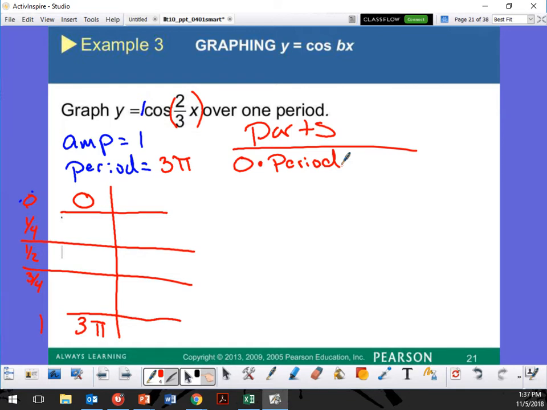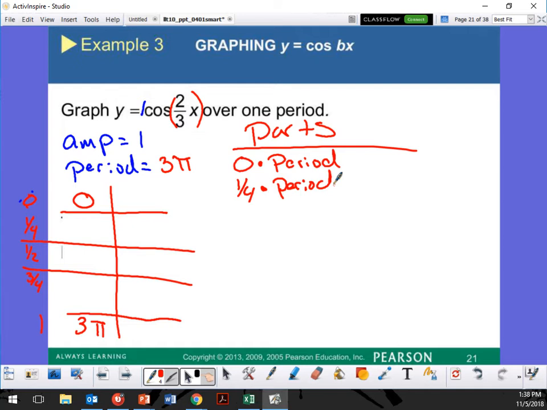Next one. What do you think the next one would be? 1/4 times the period. You guys are writing these in your notes, right?